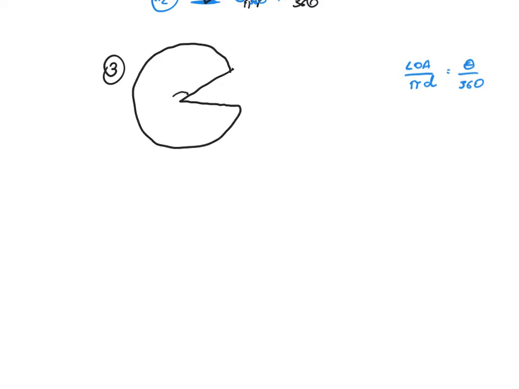Okay, so a much bigger angle this time, which I'm going to call Q degrees. I'm told that the radius is equal to 7 and that the length of the arc this time is 40. Okay, so I can go straight to my ratio. So length of arc over pi d equals the angle over 360.